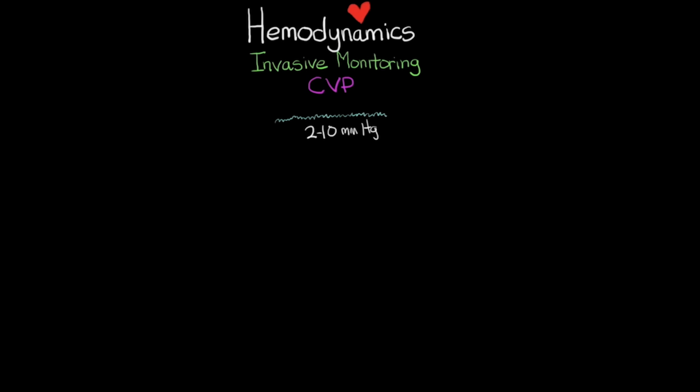Now, like I said, since the CVP is essentially measuring our preload, let's think about situations in which our CVP or our preload is going to be increased. These would be things like fluid overload. So if you had too much fluid, you would have a high preload.